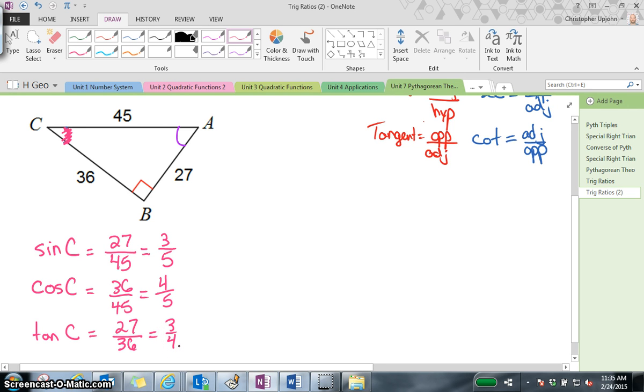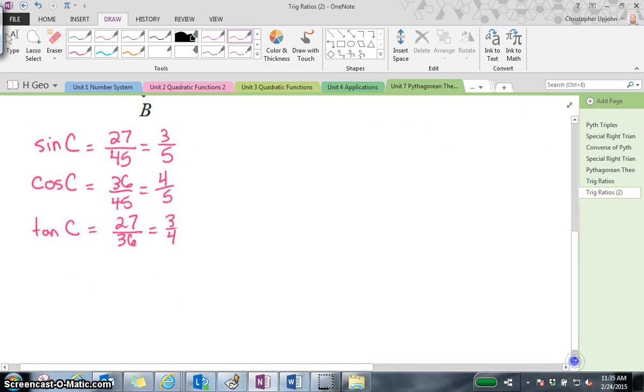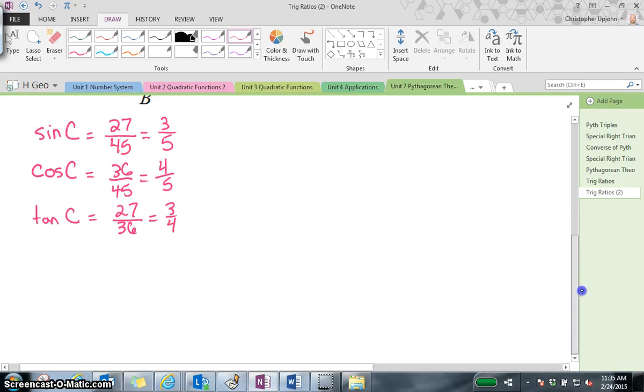So those are my three regular trig functions, however you want to say it. Now, how do I find cosecant of C if I have sine? Just flip it. It's reciprocal. So cosecant of C is 5 over 3. And we want to see the simplified, 45 over 27, yes, but let's simplify.